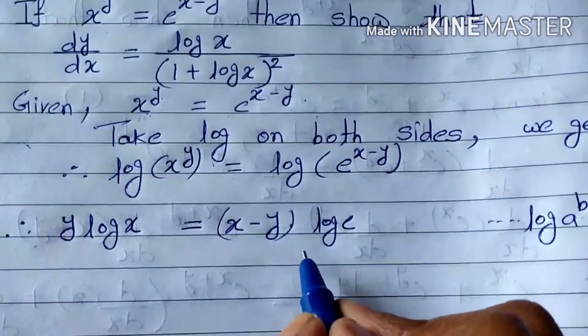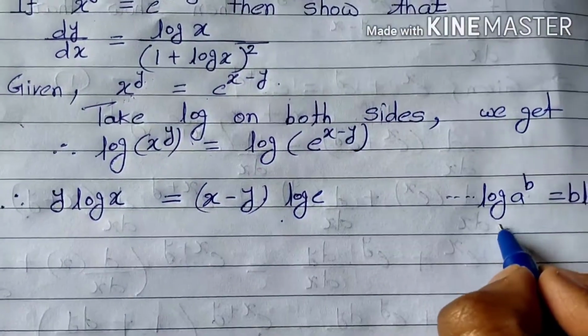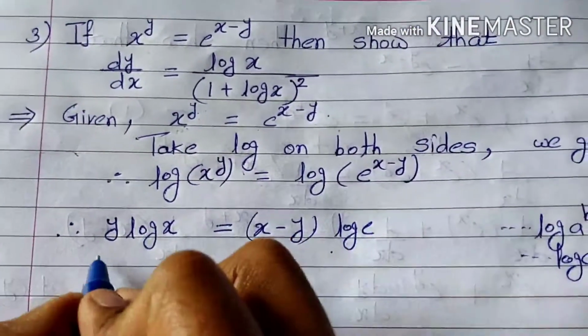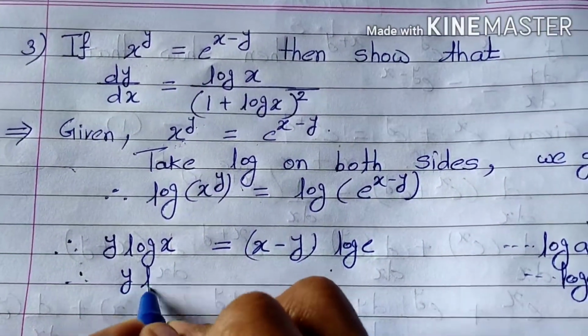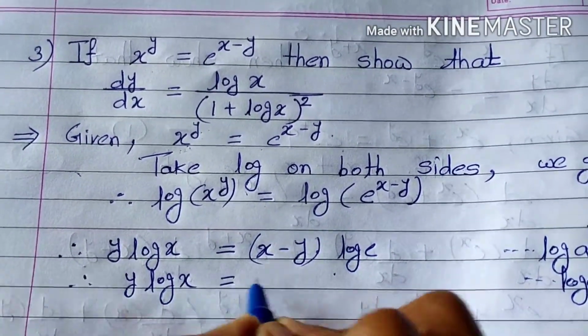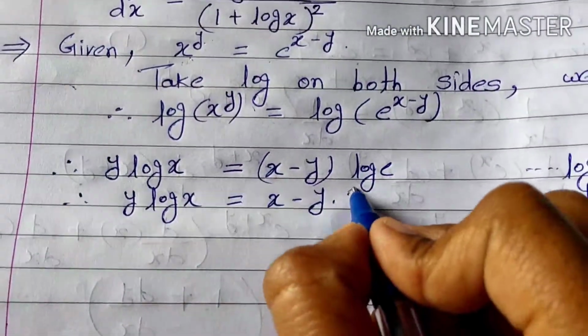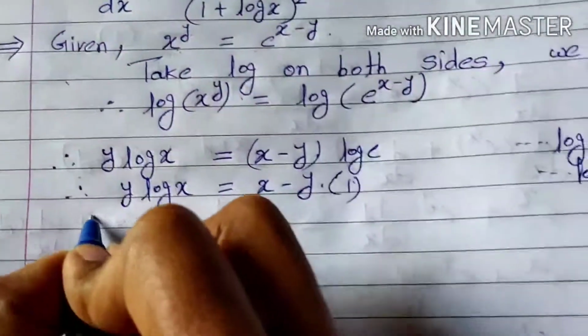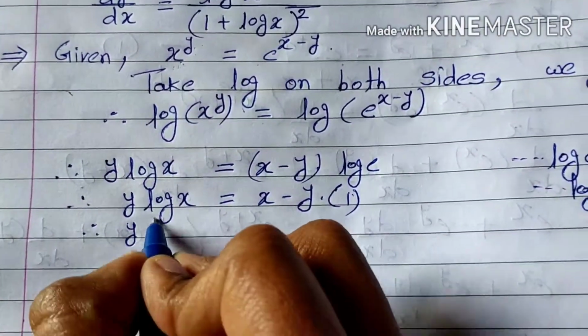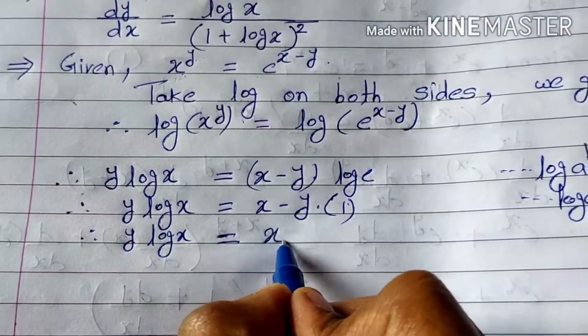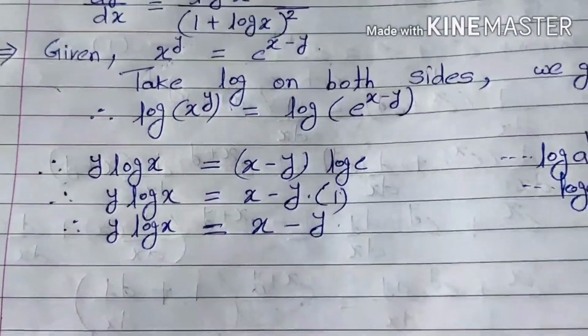But we know that the value of log e is 1. So here y log x is equal to x minus y into 1. Therefore y log x is equal to x minus y.